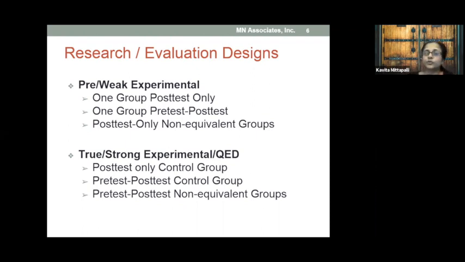Then you have one group pre-test and post-test. Now, this is pretty popular, especially when it comes to training. And in education, we do this a lot, especially when we have a pre-test and a post-test in terms of assessments.